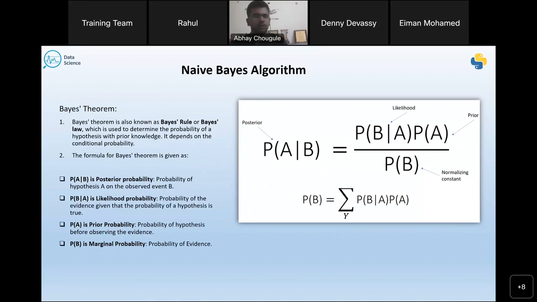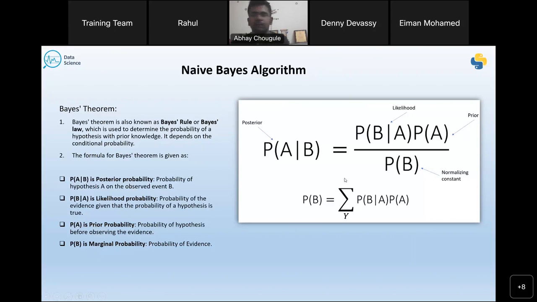Okay, so the naive Bayes algorithm, the naive Bayes formula is there. The first thing: suppose I'm going to calculate some probability, the probability of A given B. How can we pronounce that formula?